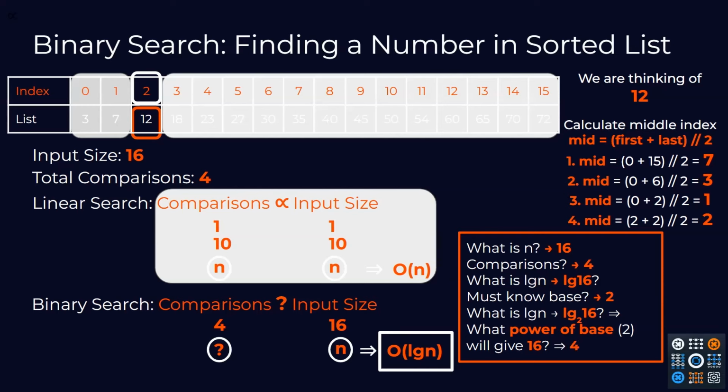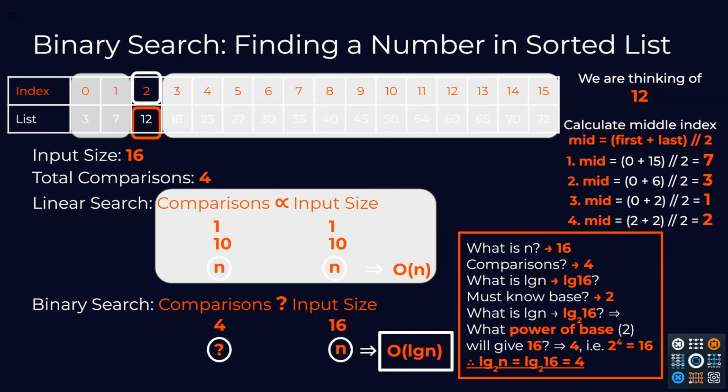It is 4, because 2 raised to the power 4 is 16. This means we can halve the list 4 times to narrow down to a single element in a list of size 16. Therefore, log n with base 2, or specifically log 16 base 2, is 4.